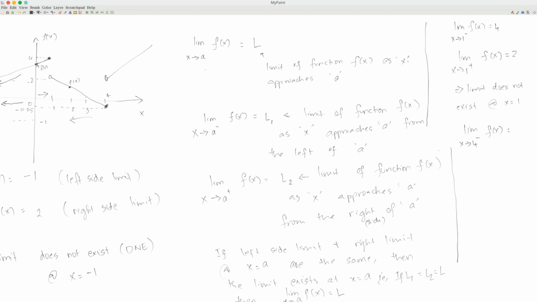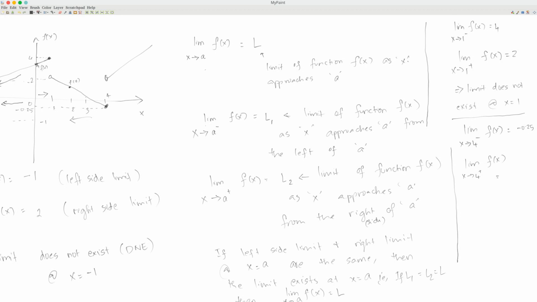So the limit of the function as you approach 4 from the left hand side is negative 0.25. The limit of the function when you approach 4 from the positive side, in other words that way, as you get closer and closer to 4 from the right hand side, the function decreases and gets closer and closer to that open dot.